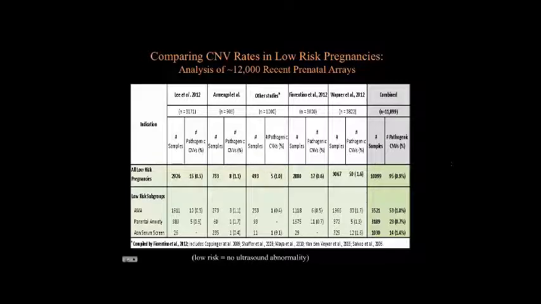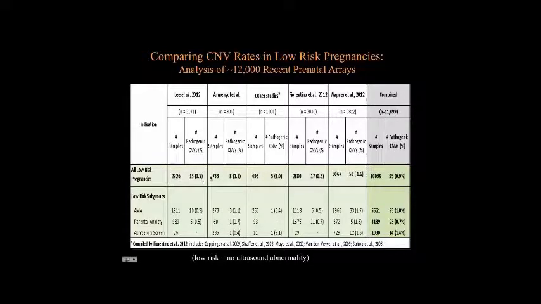And as you can see, for all of these 10,000, just over 10,000 low-risk pregnancies, about 1 in 100 had a pathogenic copy number variant. This excludes any variants that are common benign or felt to be benign.